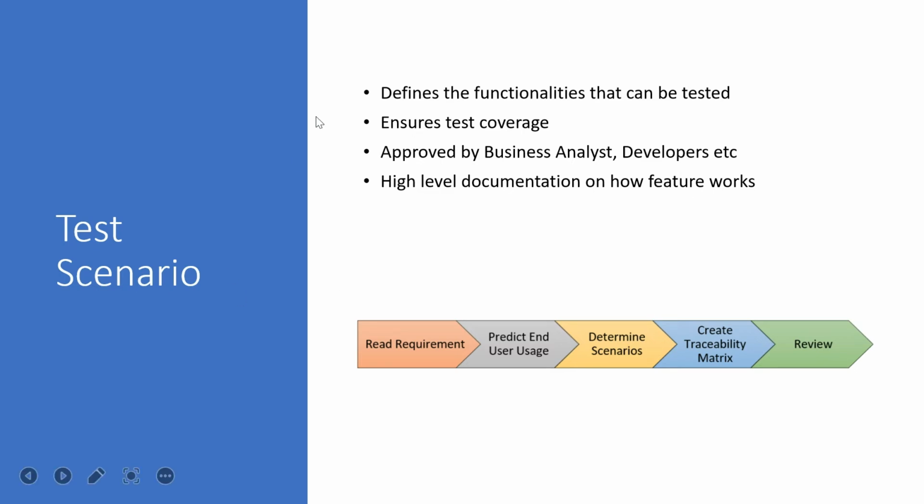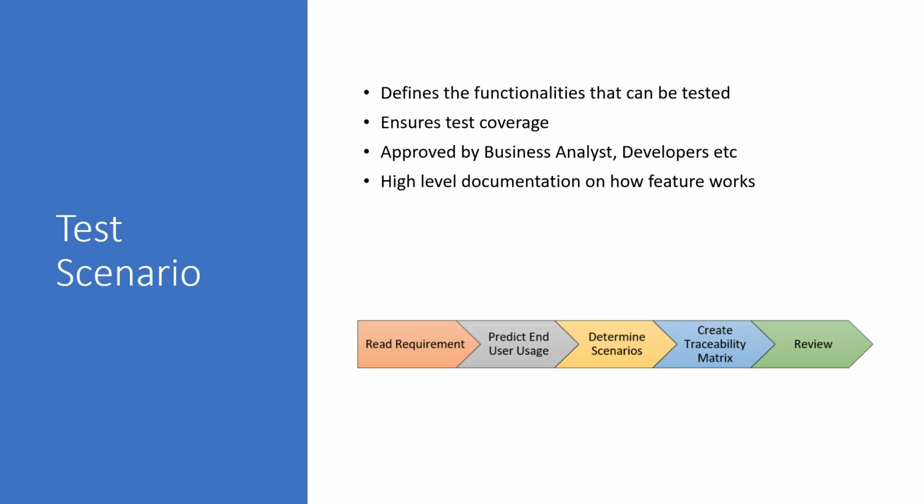Okay. So it defines the functionalities that can be tested, ensures the test coverage, and it is approved by business analysts, developers, etc. So once you write the test scenarios, you can cross check it with the business analyst or developers, asking them, see, these are going to be the scenarios, is it fine?